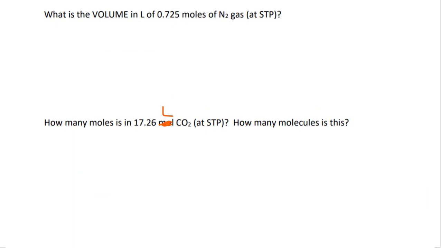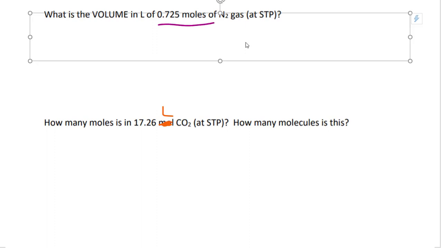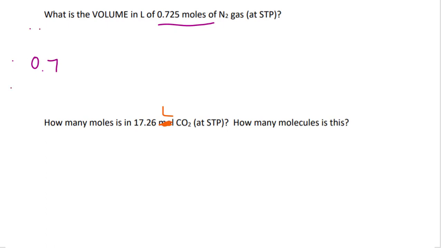So if I asked you to find the volume in liters of 0.725 moles of nitrogen gas at standard temperature and pressure. If I'm given moles, I know, again, that 1 mole is equal to 22.4 liters.